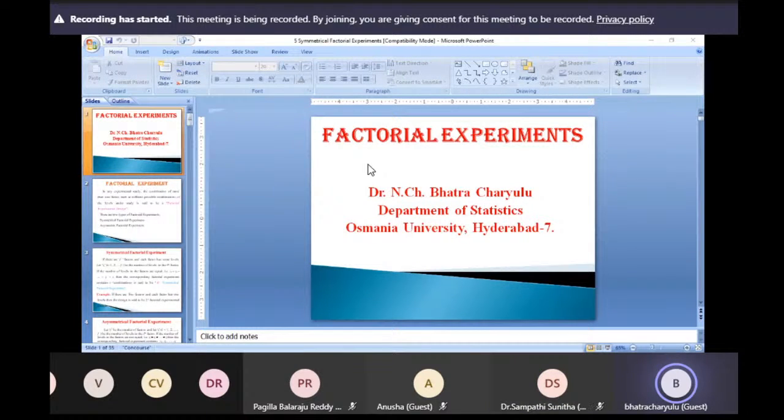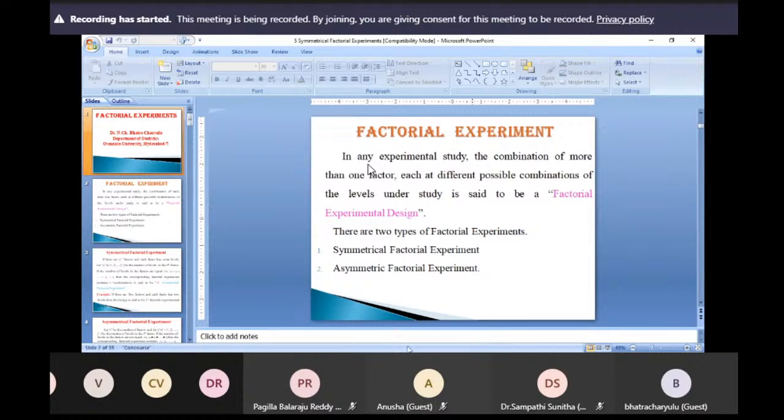Now, okay, factorial experiment. Scroll on the screen.